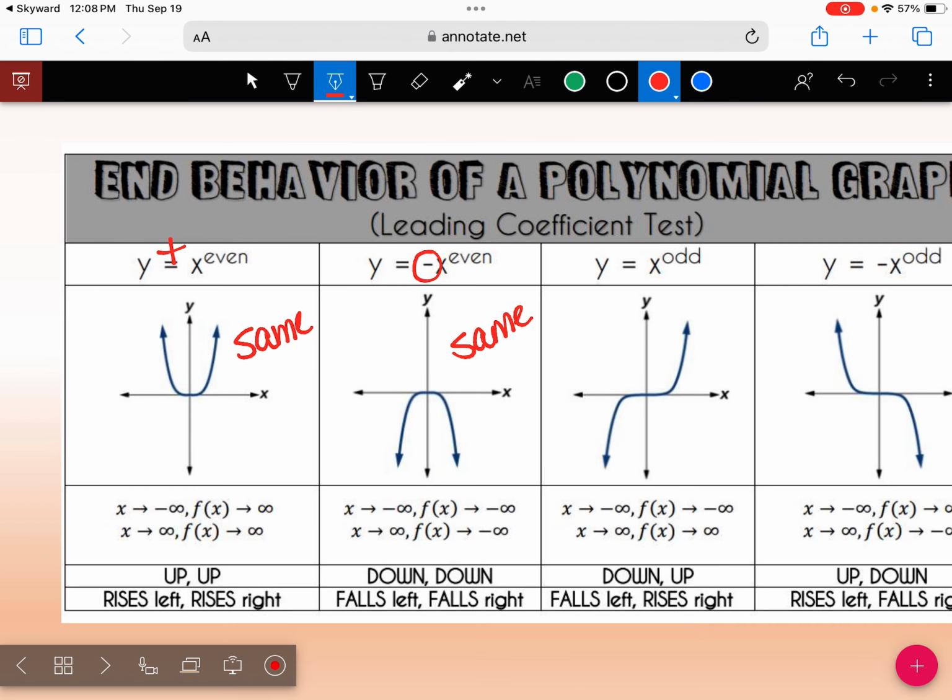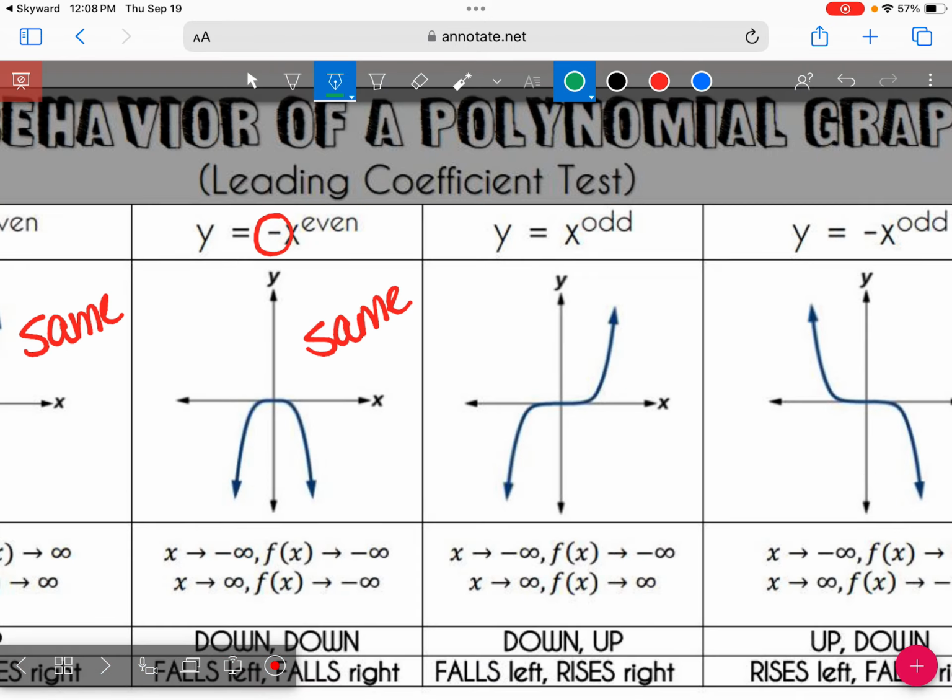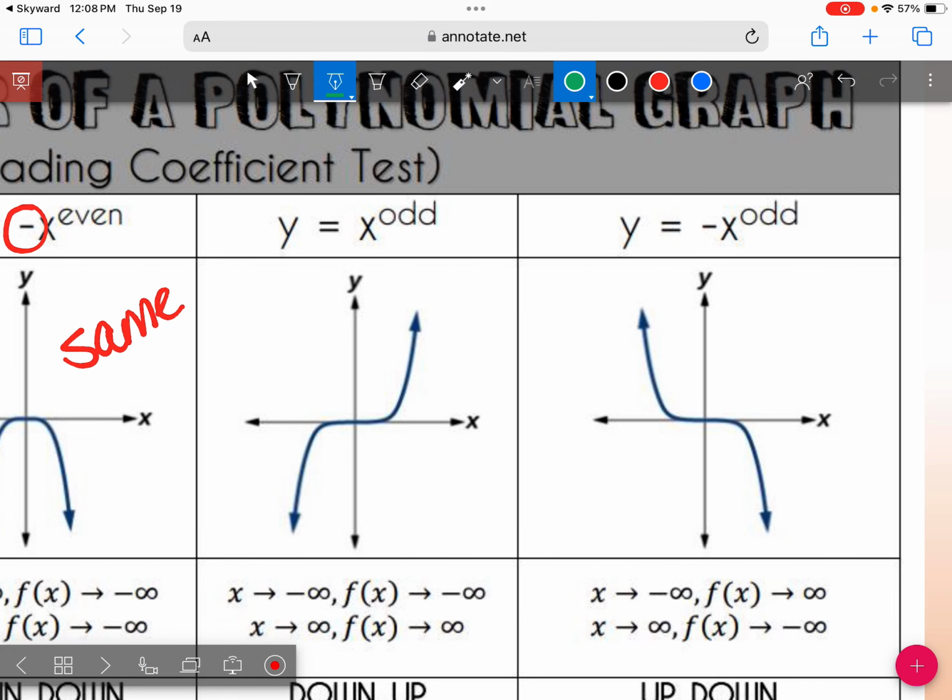For an odd function, that's a little tricky because odd, the ends do opposite things. So when it's odd, they do opposite things. We're going to depend on this number right here.